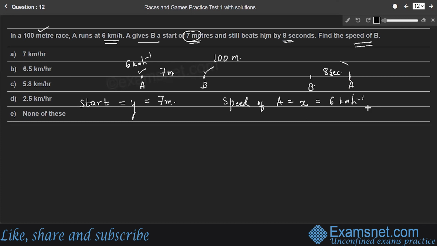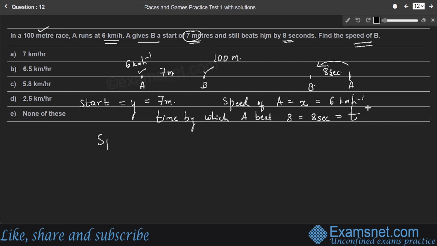And the time by which A beats B, which is 8 seconds, we'll take it as T, right?